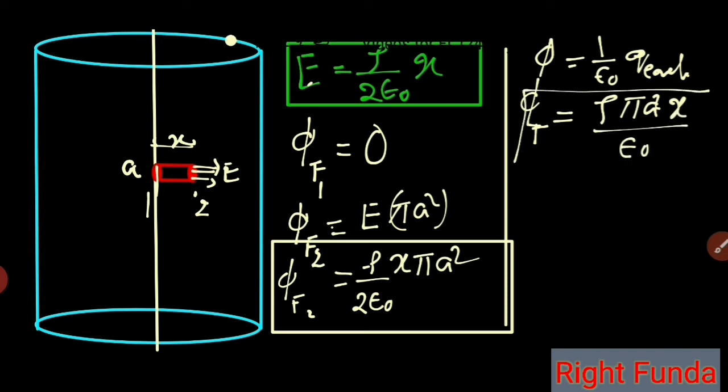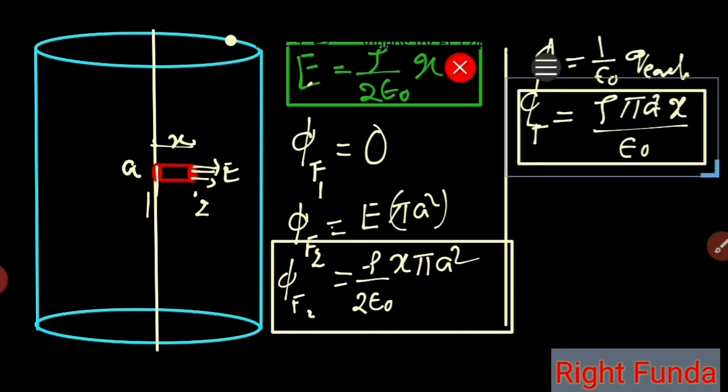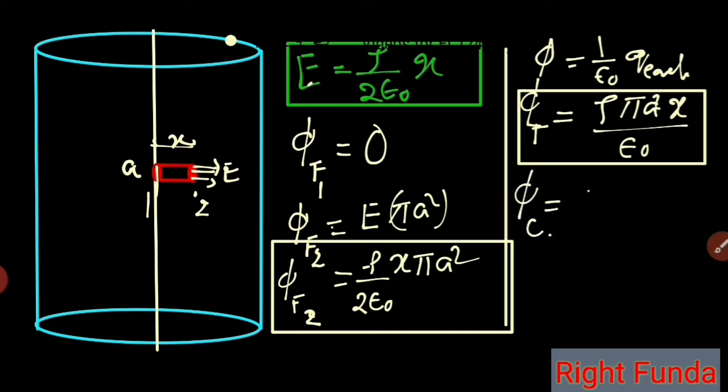This is the flux through the whole of the surfaces, and the other is the flux through the two flat surfaces. So the flux through the curved surface will be the flux through all the surfaces minus the flux through the flat surfaces.